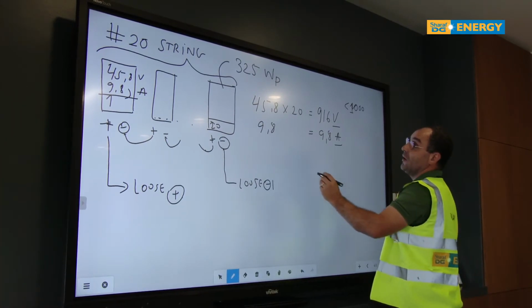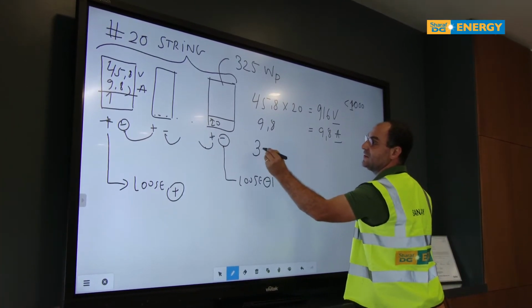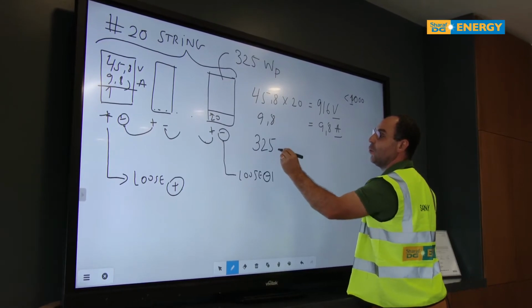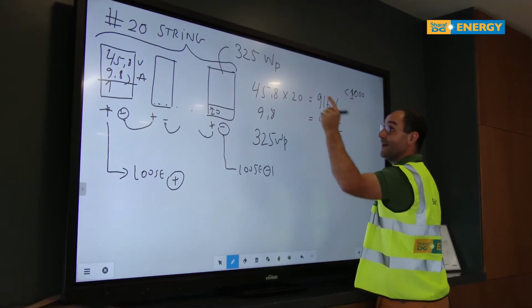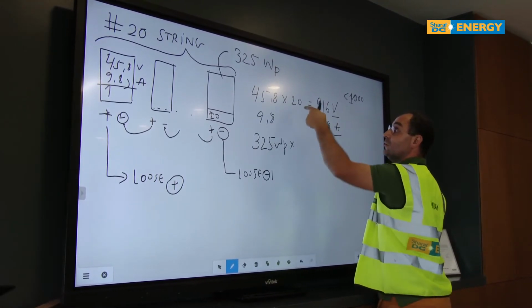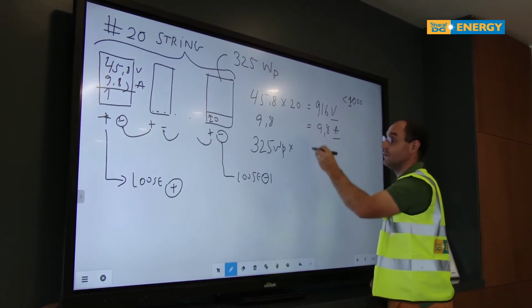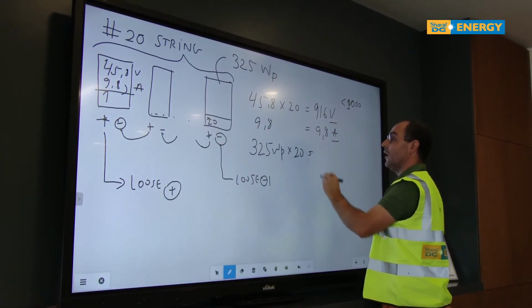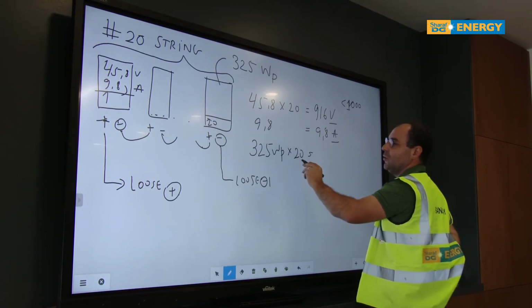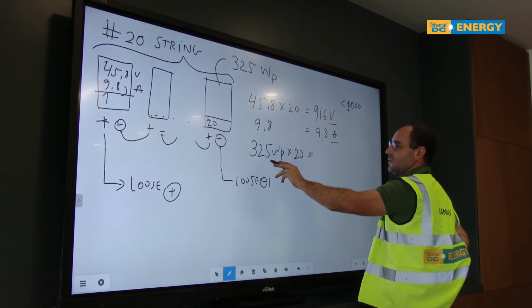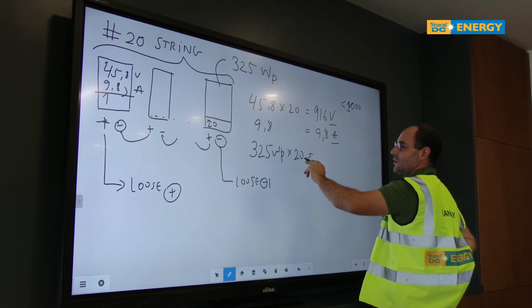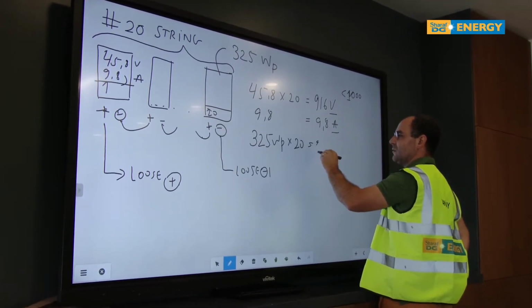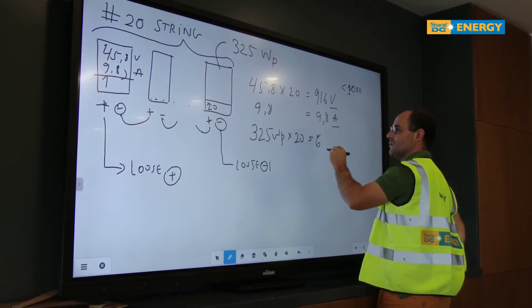Now, I have 325 watt peak per panel times 20. How much does it come to? It will be 6,000, 6,000 and a quarter, 6,500? 6.5 kilowatts?